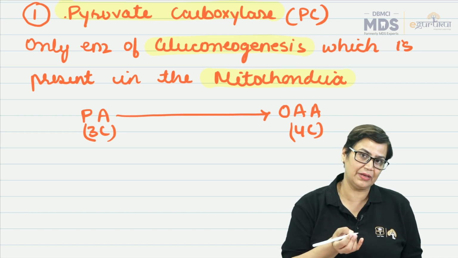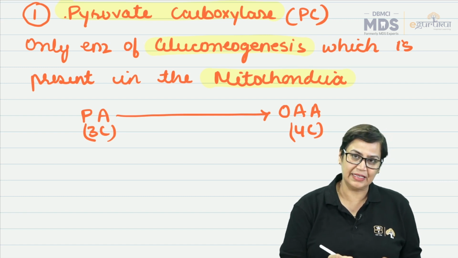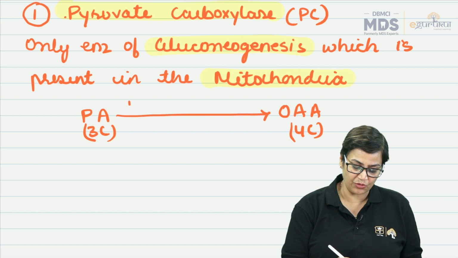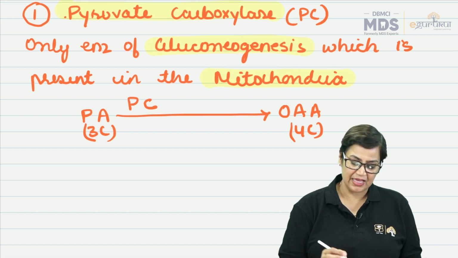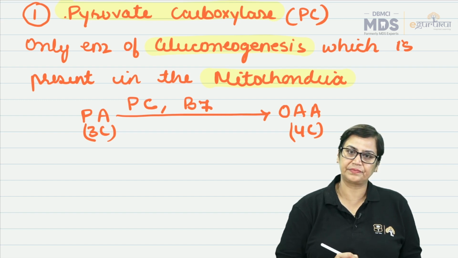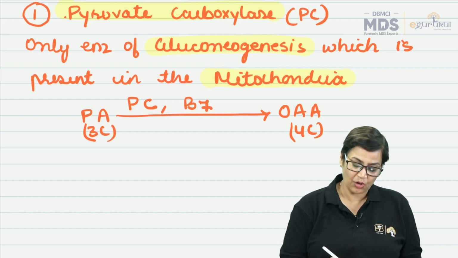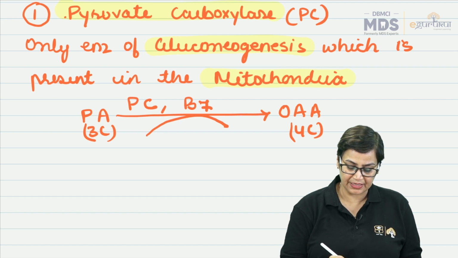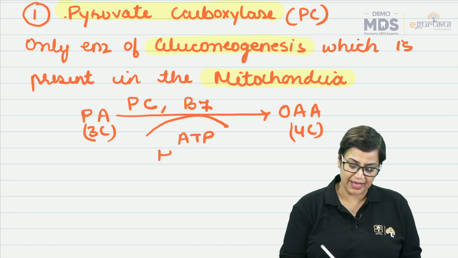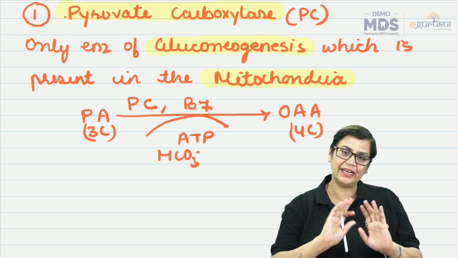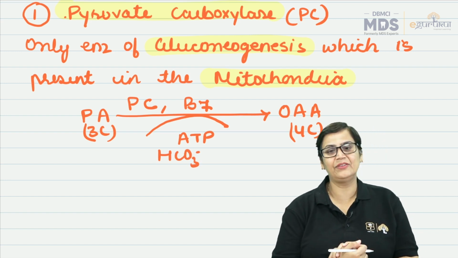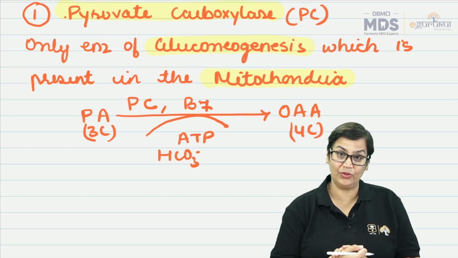One addition of carbon atom is there. The enzyme is pyruvate carboxylase and the coenzyme is B7. And obviously ATP is required along with bicarbonate ions. So this is the entire assembly of conversion of pyruvic acid to oxaloacetic acid.